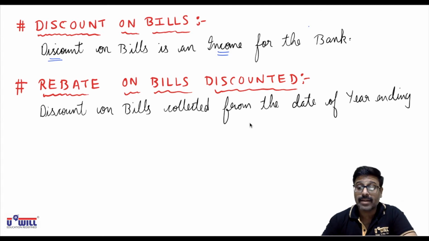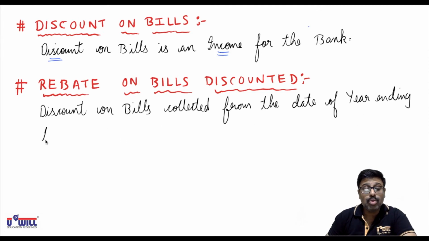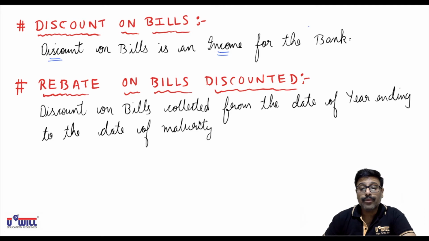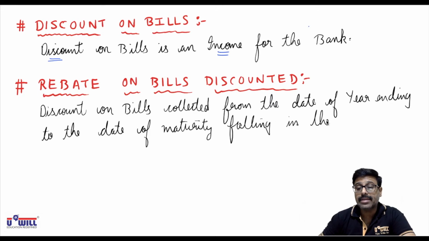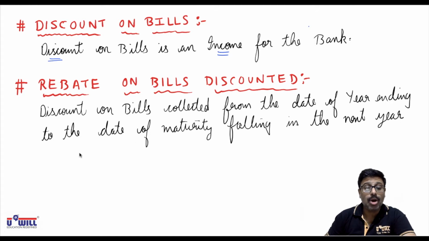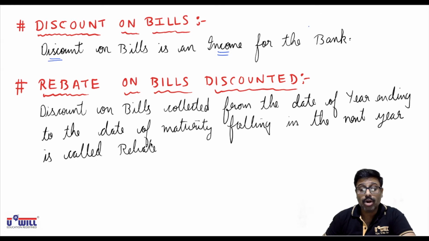Discount on bills collected from the date of year ending to the date of maturity falling in the next year. Date of maturity falling in the next year is called rebate on bills discounted. All of you must be writing this in your notebook.